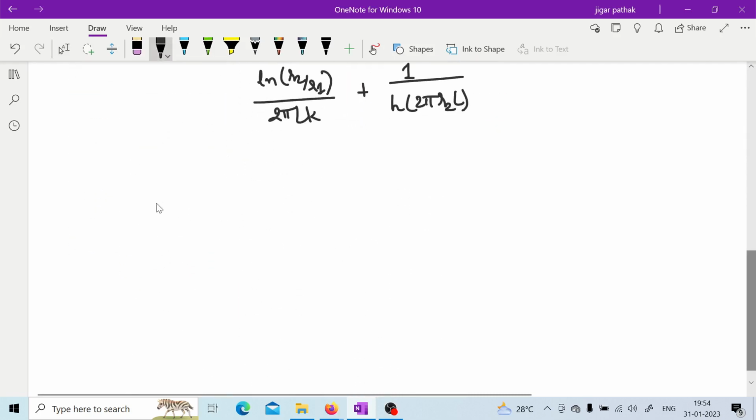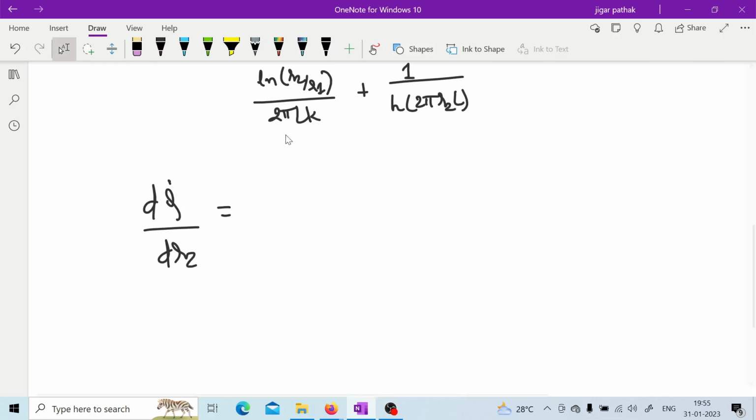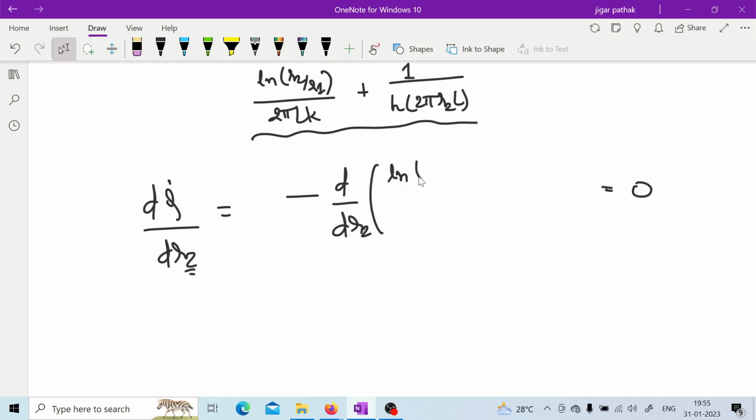So if I differentiate this with respect to R2, I basically need to differentiate only the denominator, with a negative sign, because T1 minus T infinity does not vary with R2, and we are equating it to 0, so the denominator square is going to multiply with 0 anyway. So I basically need to differentiate this with respect to R2.